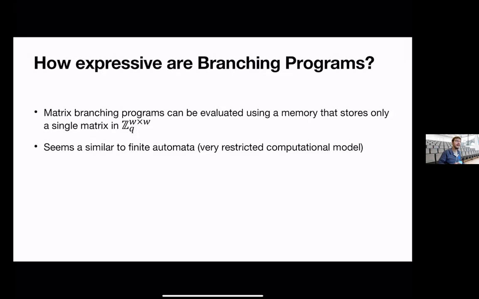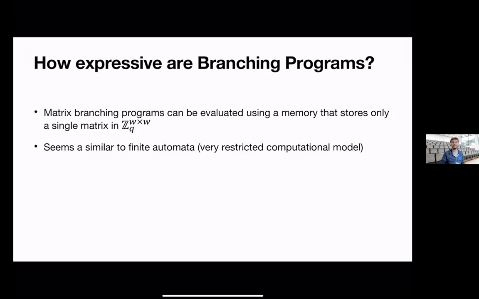Finite automata are, as we all learned, not very expressive in terms of their computational power. They can detect regular languages, right? They cannot even recognize parenthesis languages. I mean, those are context-free languages, right?